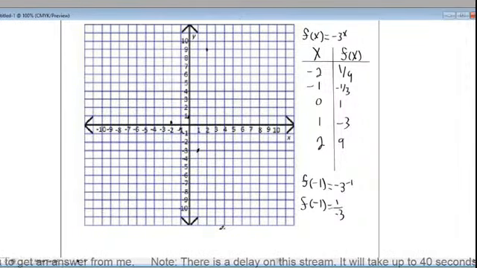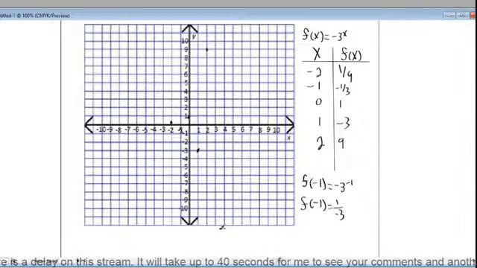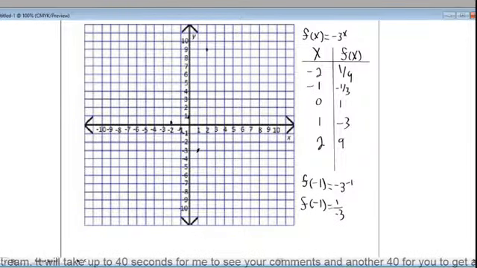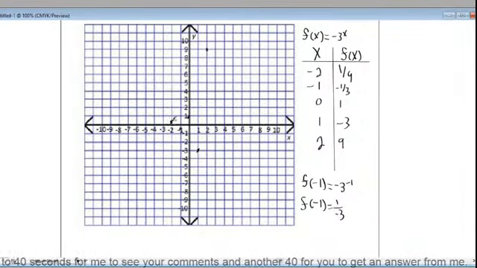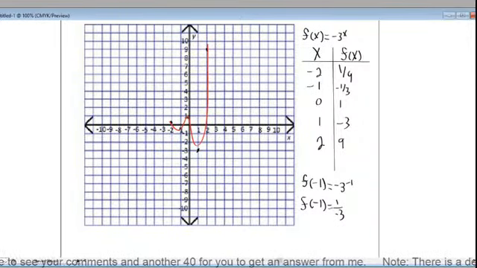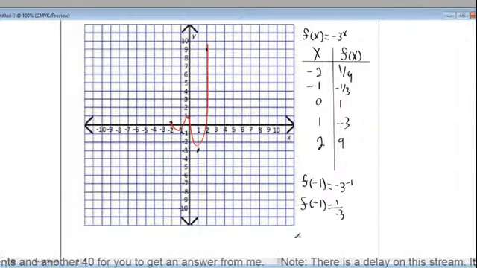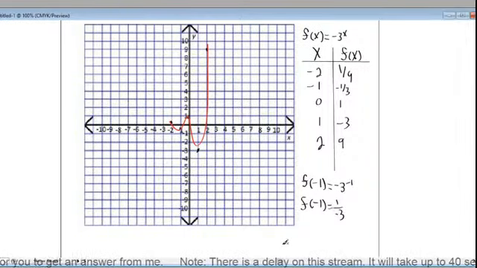Something is wrong here. I'll trace the graph, like that. I'm going to give y'all a moment to figure out, does this actually look like what it's supposed to look like, or has something gone wrong?